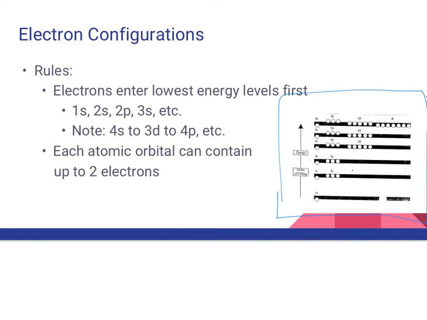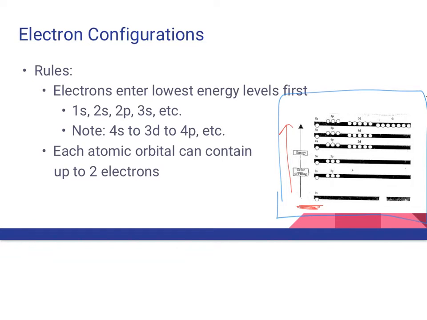If we take a look at our orbital filling diagram, down here we have the first energy level, located at the bottom. This is the energy level that is closest to the nucleus. As electrons start filling these energy levels, they're always going to start down at the bottom where the 1s is located and then make their way towards the top.